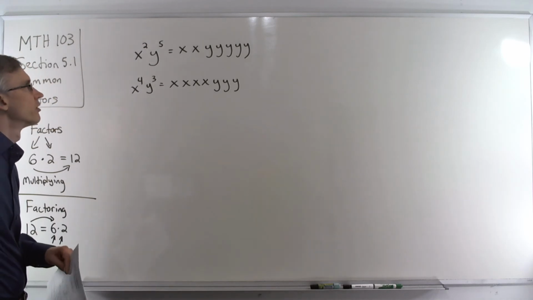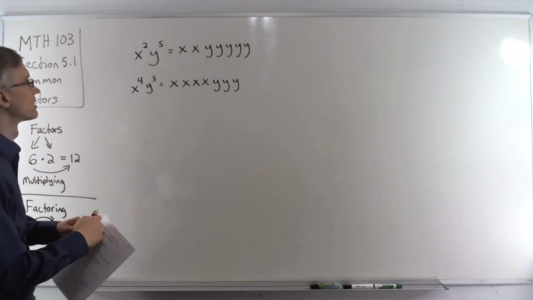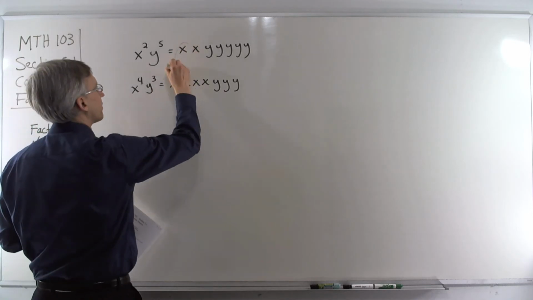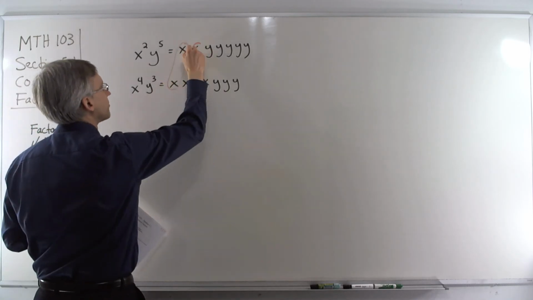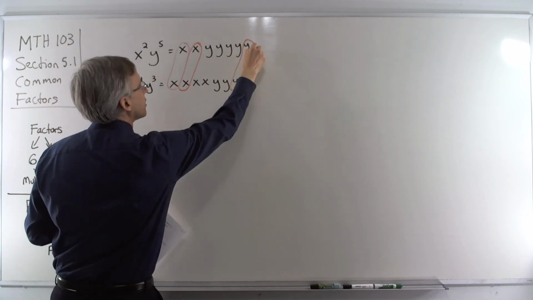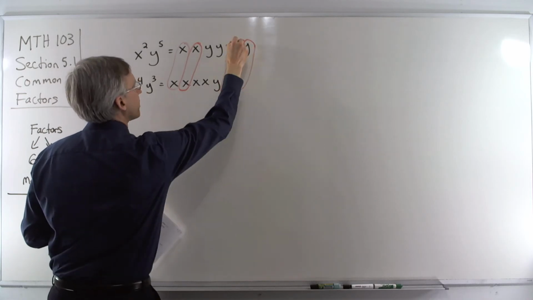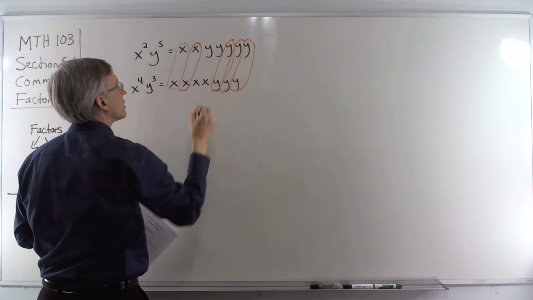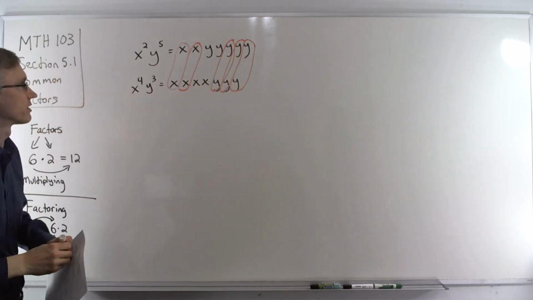And now we can go through and find matching pairs. So I got a matching pair of x's here, another pair of x's, and 3 pairs of y's. So those are the things that they have in common.